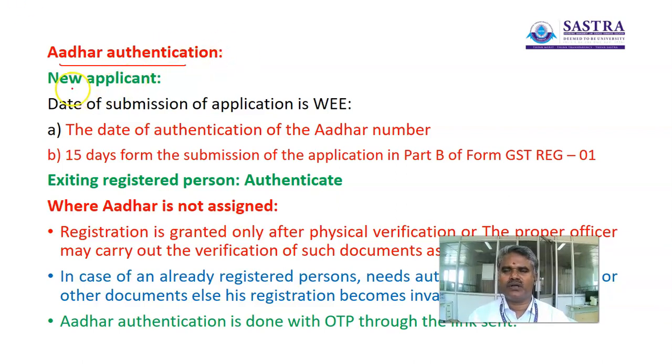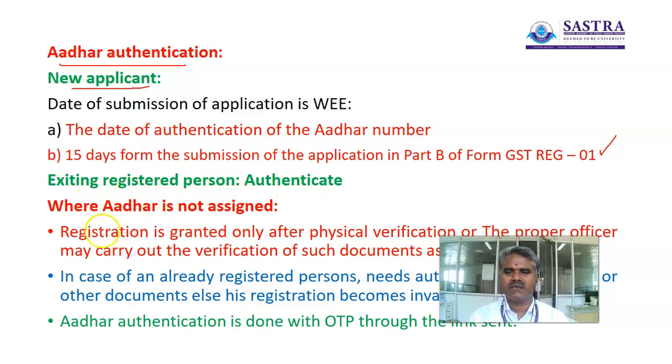Number 1, for new applicants, data submission of the application is whichever is earlier: the date of authentication of the Aadhaar number or 15 days from the submission of the application in Part B, Form GST REG-01. In the case of a new applicant, the Aadhaar authentication should be done on the date of authentication of the Aadhaar number, or 15 days from the application. Suppose you don't have any Aadhaar number, you apply for Aadhaar, so that number will be very, very important.